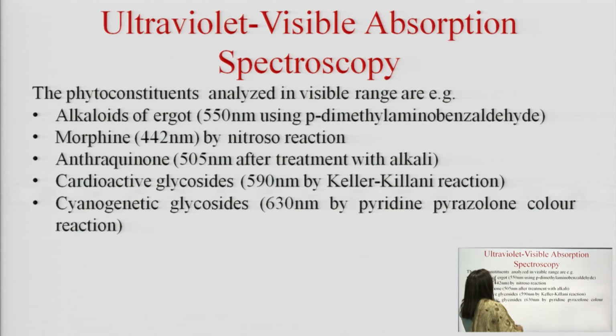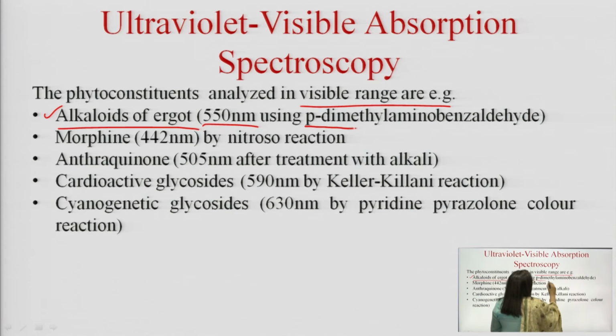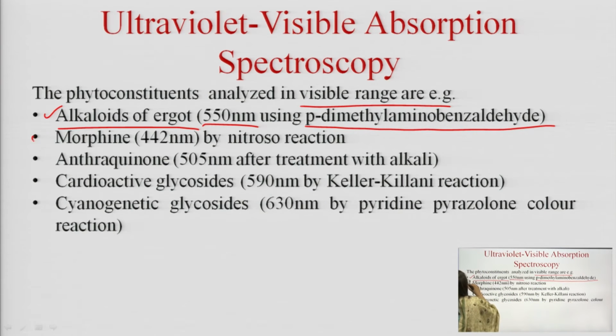The phytoconstituents that could be analyzed in the visible range are alkaloids of ergot, at 550 nm using para-dimethylamino benzaldehyde. Then morphine in the visible range will be identified at a lambda max of 442 nm by nitroso reaction.